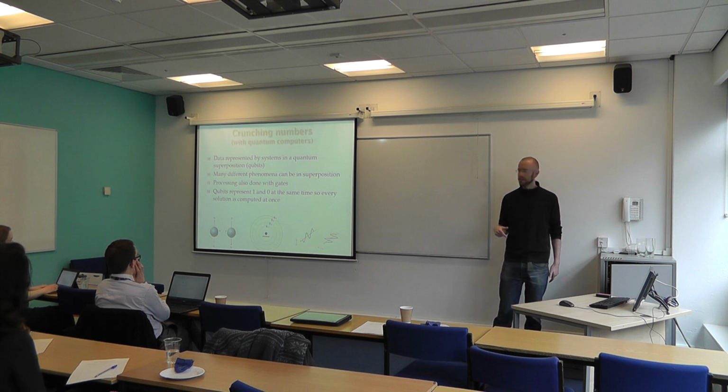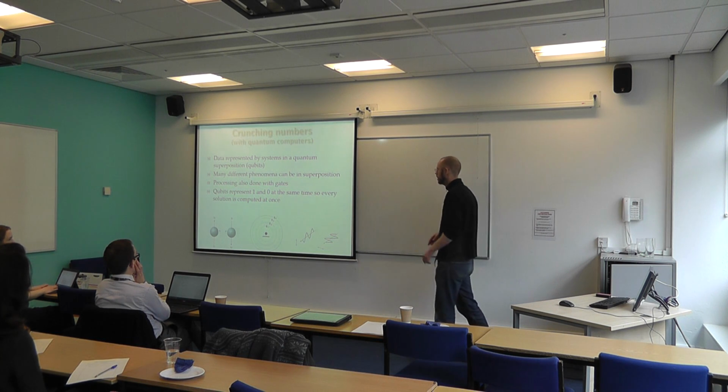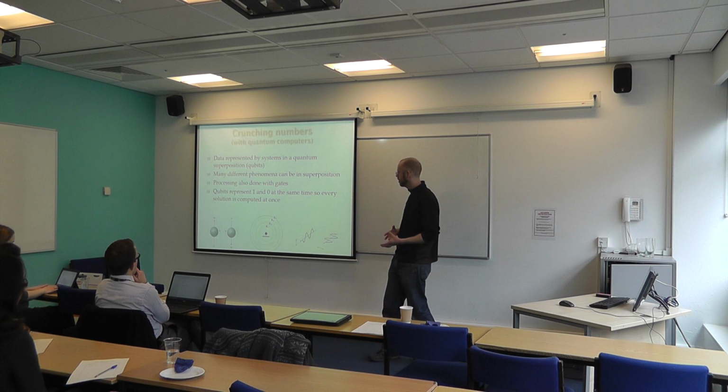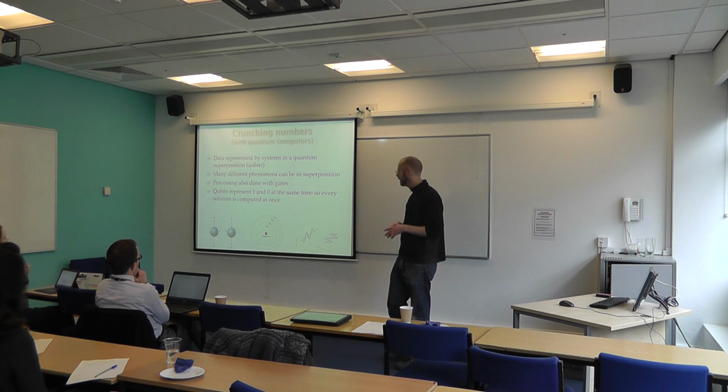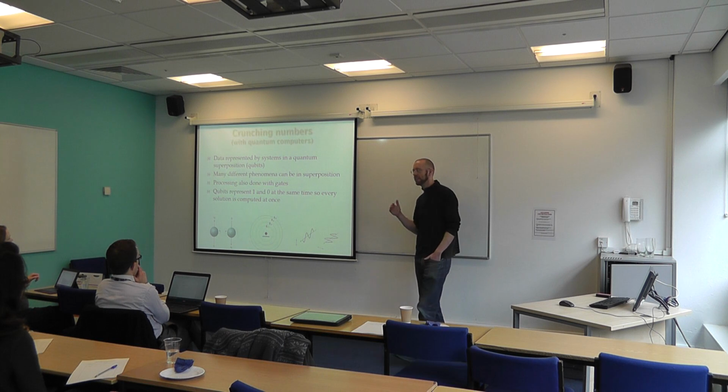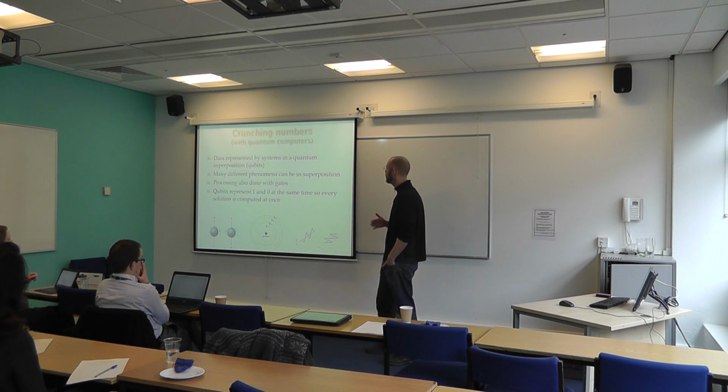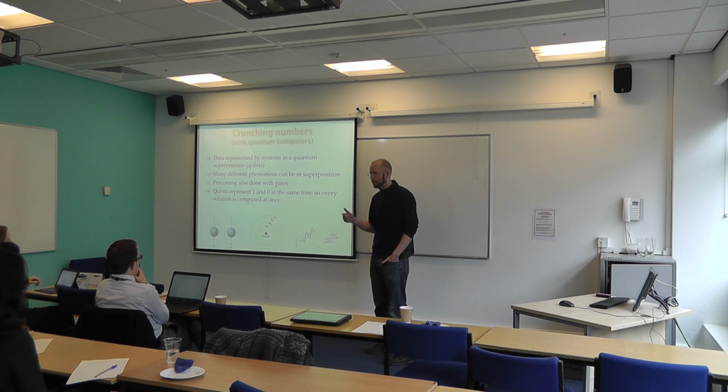So these qubits in our quantum computer, because they're in a quantum superposition, they don't just represent a 1 or a 0. They represent a 1 and a 0 at the same time. And this is fundamentally what gives quantum computers their power, because it means as long as we don't measure the qubits in our quantum computer, it can compute every single possible solution to the problem that we give it at the same time.